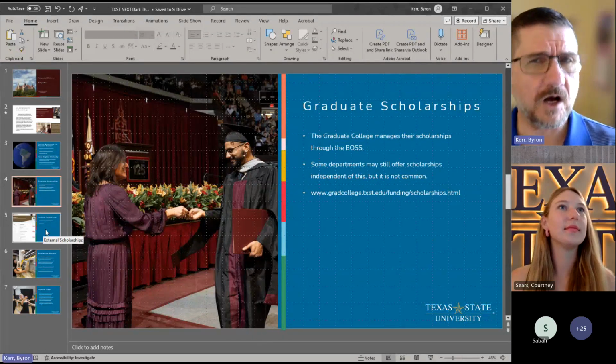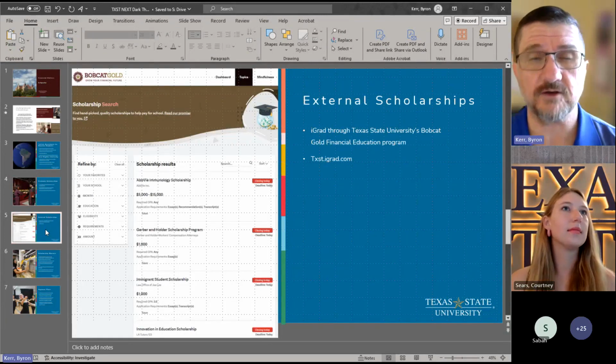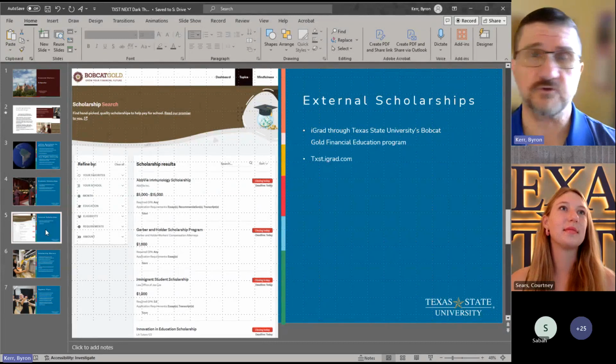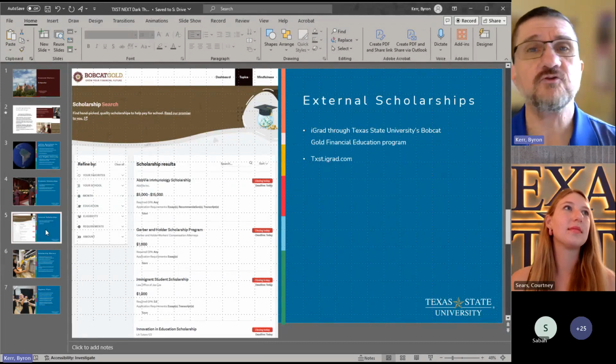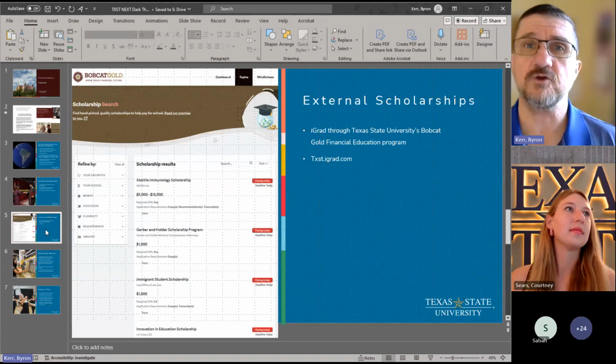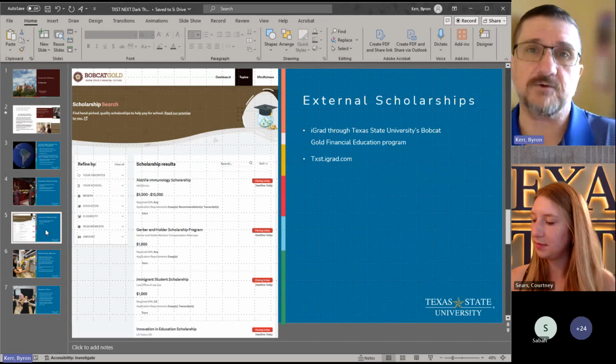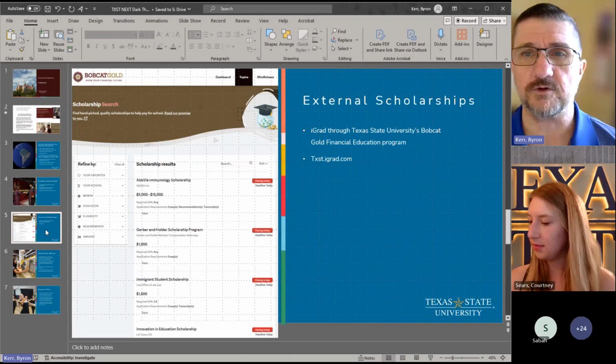And something that is often overlooked by students in general, not just international, are external scholarship opportunities. These are scholarships that are not through the university. Very often students, when they think of scholarships, think of scholarships at the university level. I received a scholarship from the university is important.